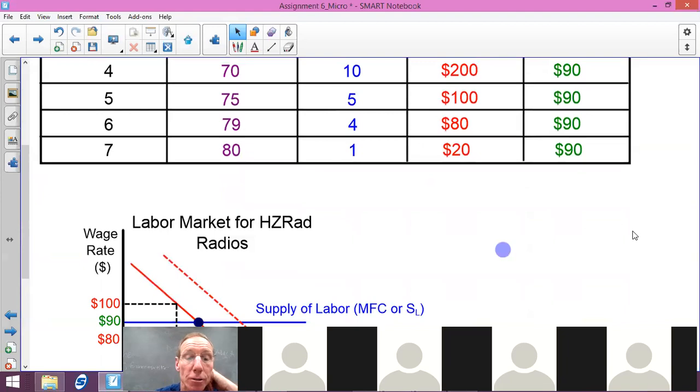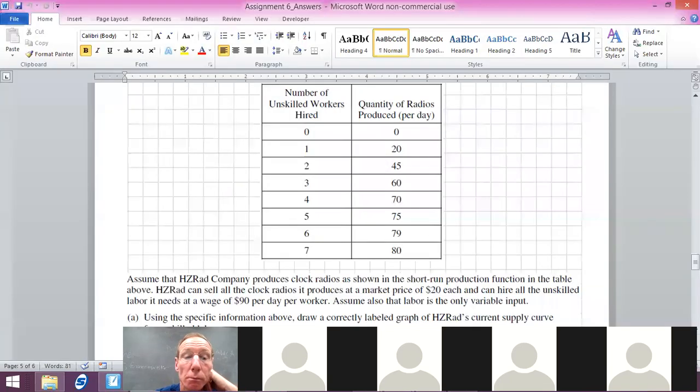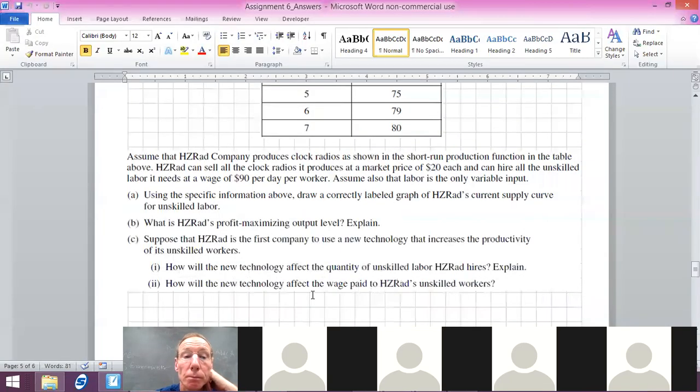So the question is, going back to the problem, using all of what we have, okay, we did that. Then it wants to know what this firm's profit maximizing output level is.